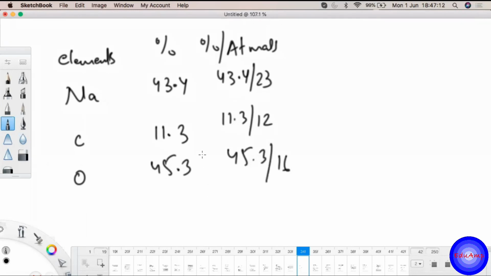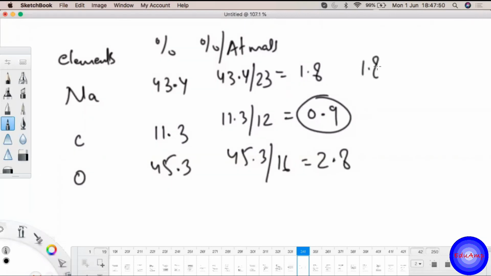So 43.4 divided by 23 is, tell me, 1.8. Then this is 0.9. Then oxygen, 2.8. So the smallest of these three is 0.9.